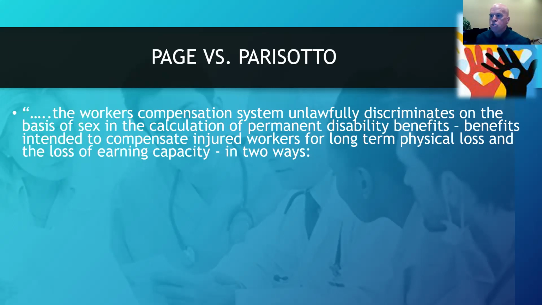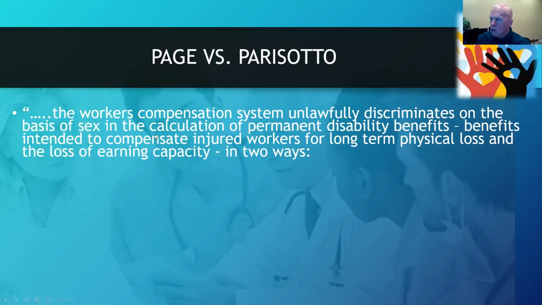And they alleged that the workers' compensation system unlawfully discriminates on the basis of sex. And what they mean by sex is they mean gender, in the calculation of permanent disability benefits, benefits which are intended to compensate injured workers for long-term physical loss and the loss of earning capacity.